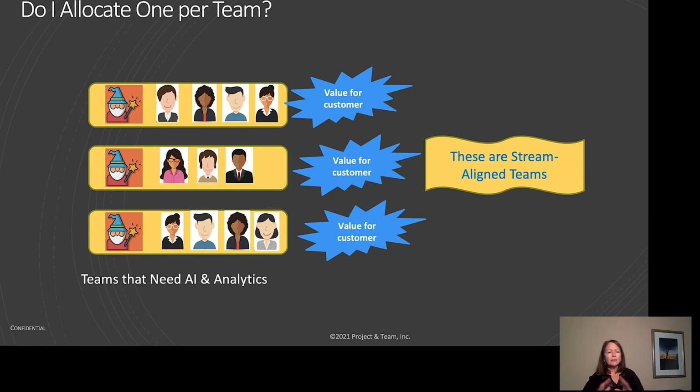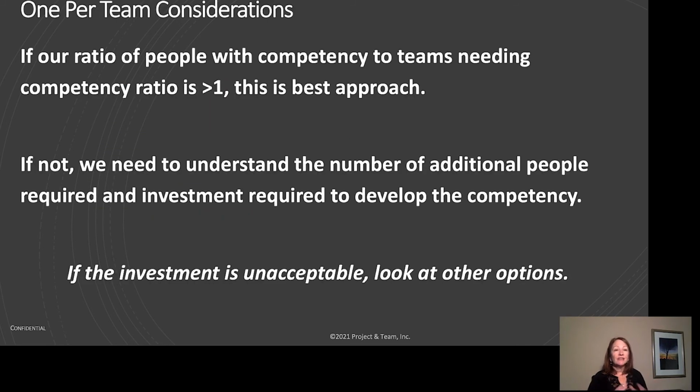Yes, you might say, but what about the need to be consistent across teams? We can form a community of practice around analytics. What about if I can't keep them fully occupied as an analytics person on a team? Perhaps they can help the team in other ways. These are the things that we want to look at.